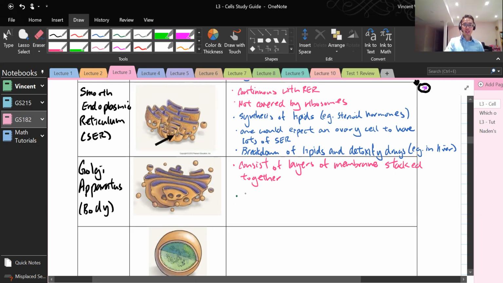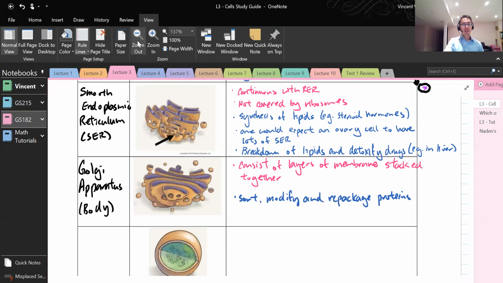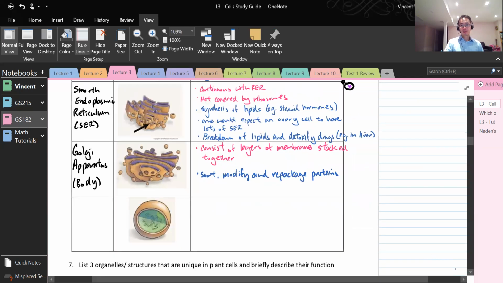And the function is that it will sort, modify, and repackage proteins. And this is basically how it works.